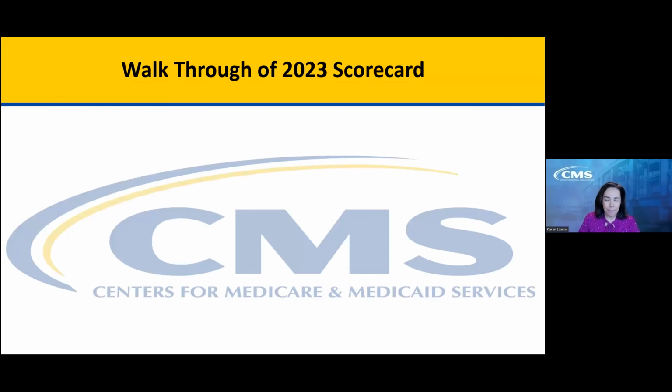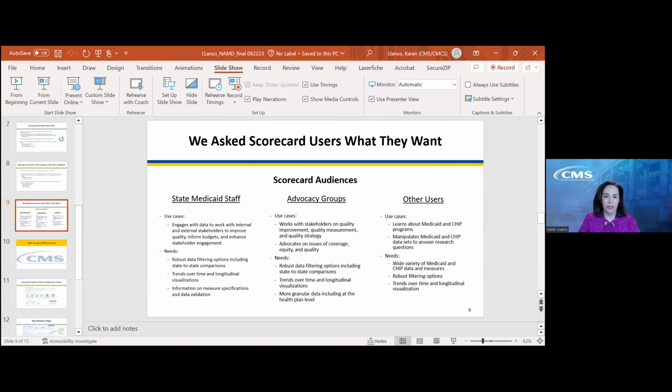I'm going to pop out of here real quick and give you a sense of our new scorecard. This is the redesigned scorecard. For folks that are not super familiar, this looks different. We are calling things differently.